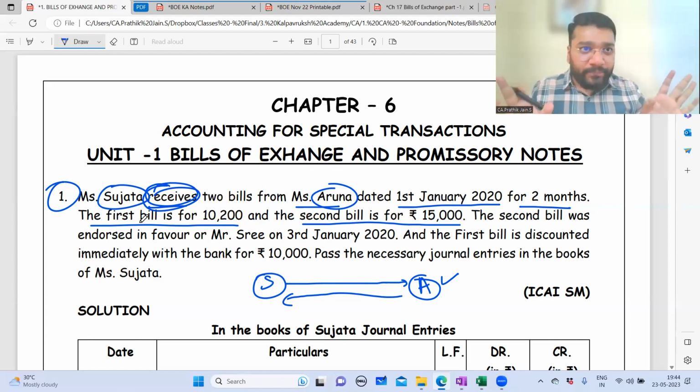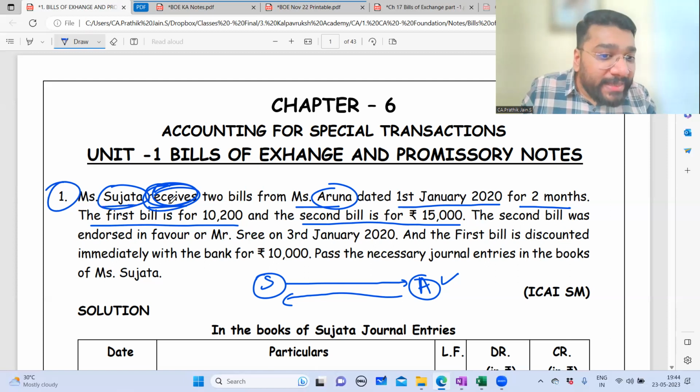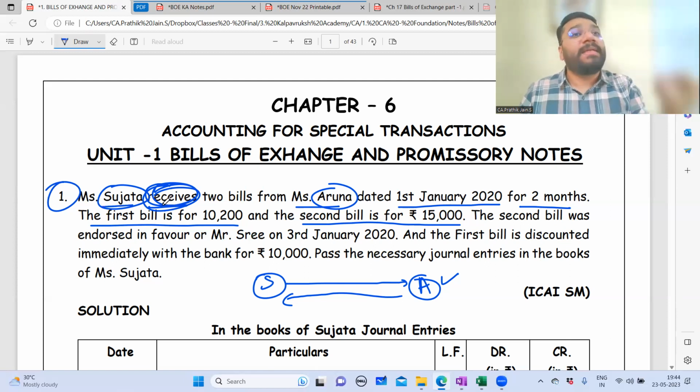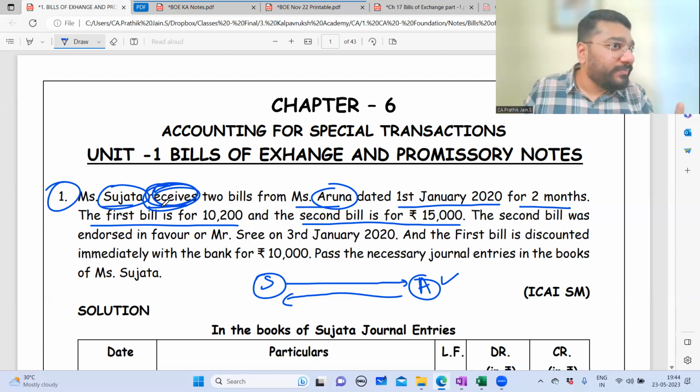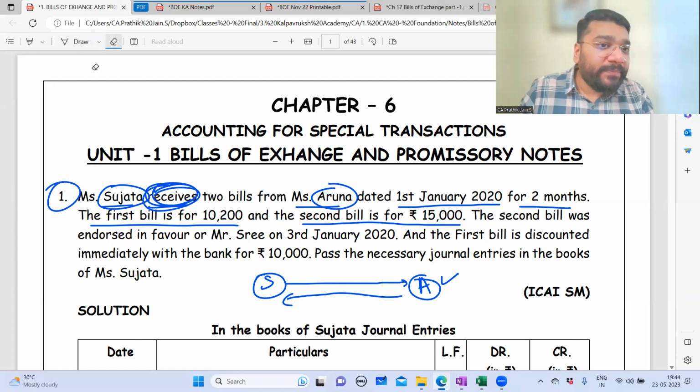In that case, the assumption is always that they're talking about the end receipt. End receipt means what? After acceptance, whatever bill is finally received. That receiving they're talking about. So Sujata is receiving the bill after acceptance. It means that if Sujata is receiving the bill after acceptance, Sujata becomes my seller.